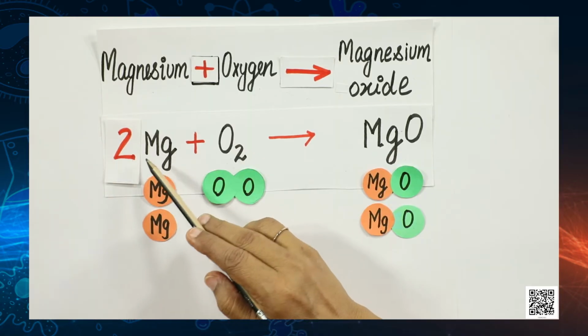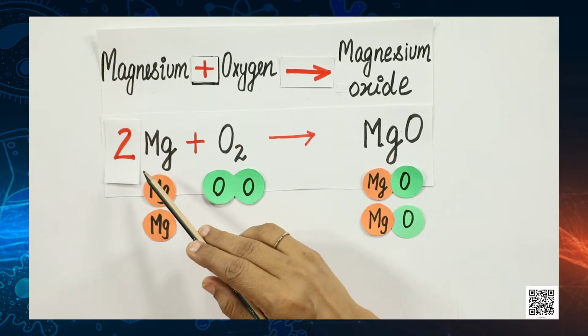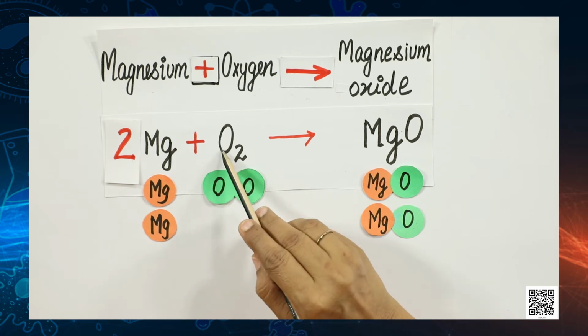Now, we have balanced this equation in the visual format, but how do we write it when you are doing it in your notebook? Well, my dear young friends, you will have to use coefficients. So, here we have 2 atoms of magnesium. So, we need to add 2 as coefficient in front of the magnesium atom, and oxygen molecule is 1.